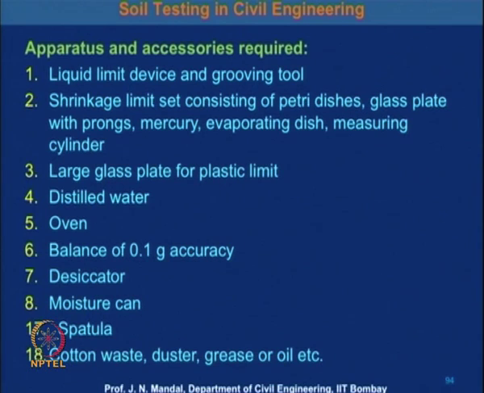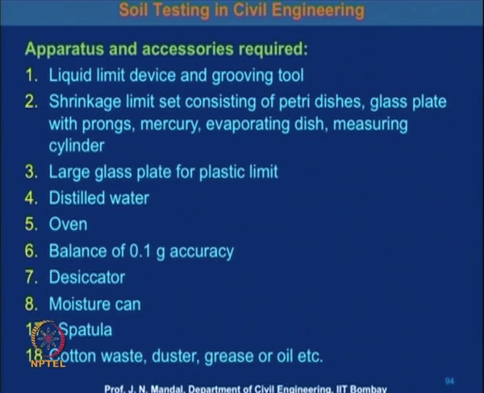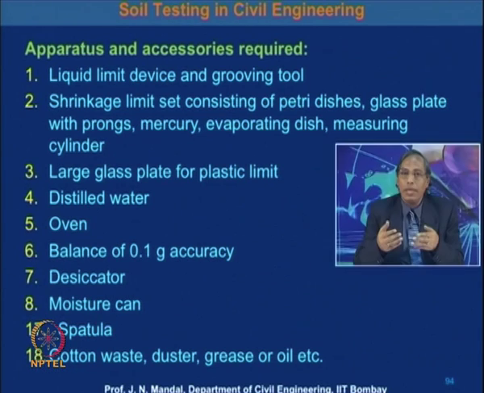Now, for the determination of the Atterberg limits, we require some apparatus and accessories. We require the liquid limit device and the grooving tool. You require a shrinkage limit set consisting of petri dishes, glass plate with prongs, mercury, evaporating dishes and measuring cylinder.